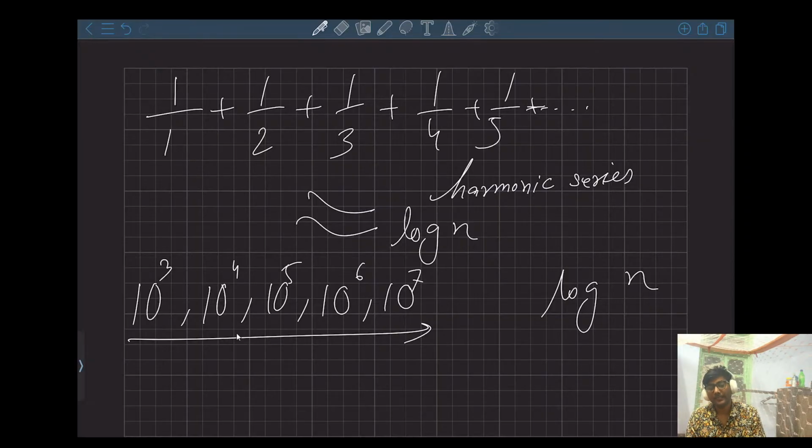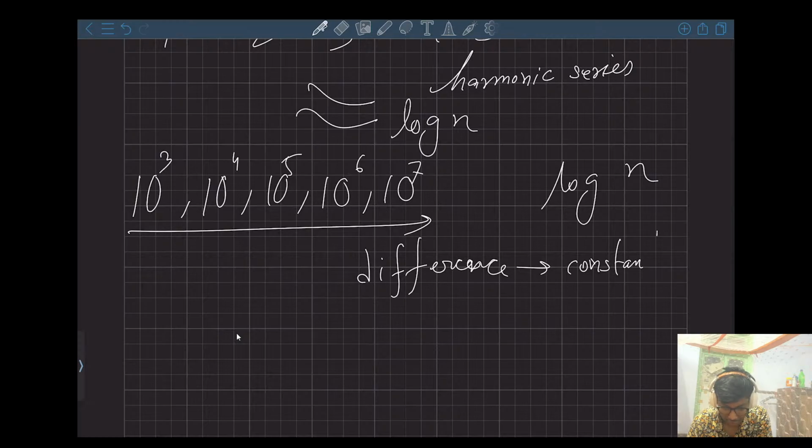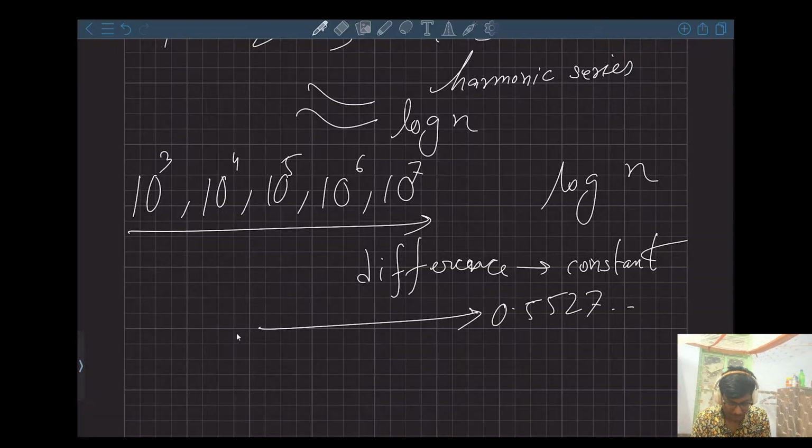You will see that the difference approaches some constant. It's about 0.5527. This constant is called the Euler-Mascheroni constant.